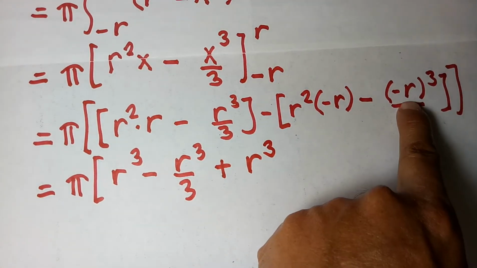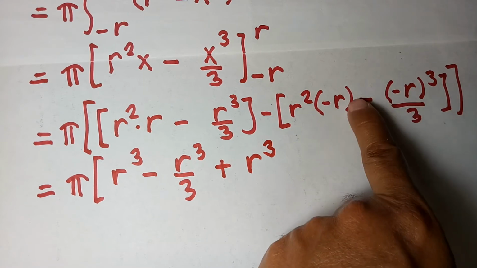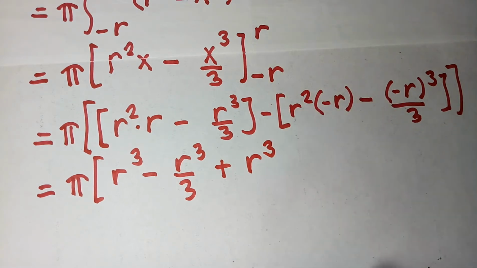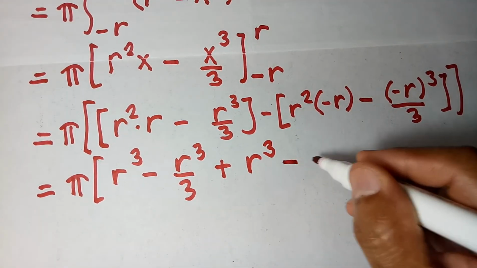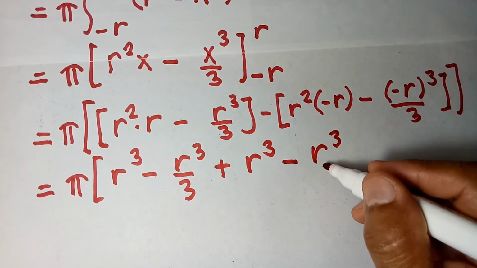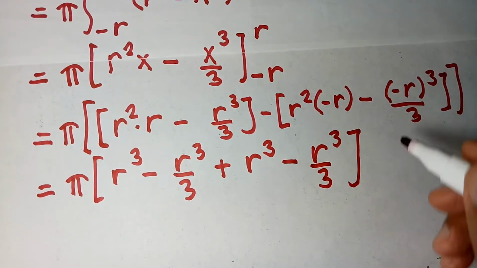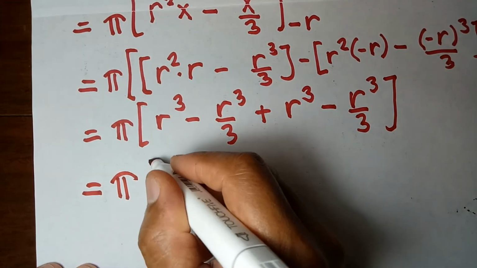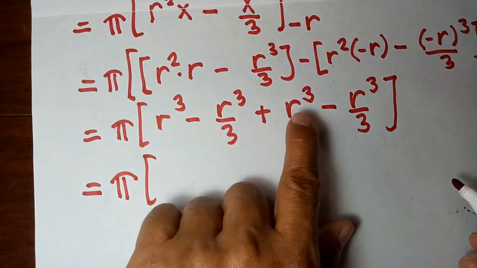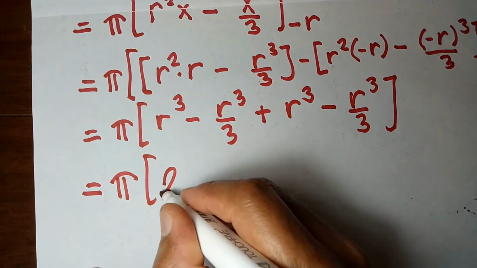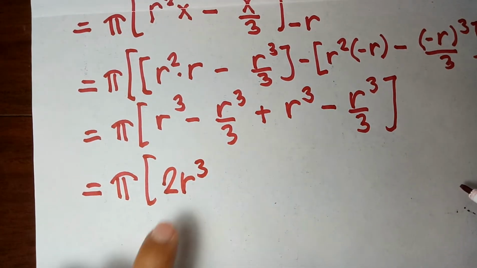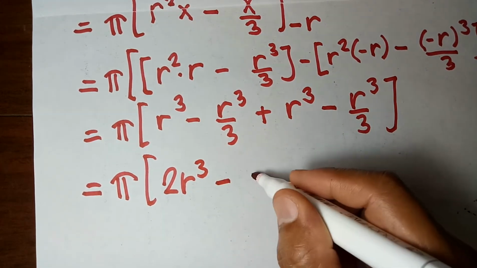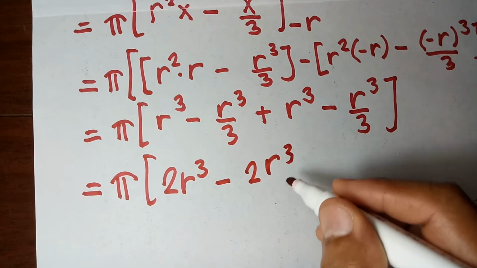And then negative r cubed over 3 times negative is positive r cubed over 3. Tapos let us combine similar terms, no? So I will have pi and then times r cubed plus r cubed is 2r cubed. And then negative r cubed over 3 plus negative r cubed over 3 is negative 2r cubed over 3.